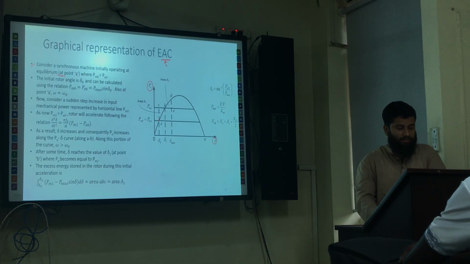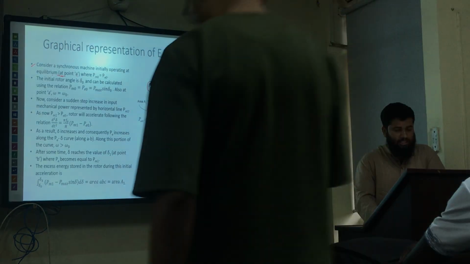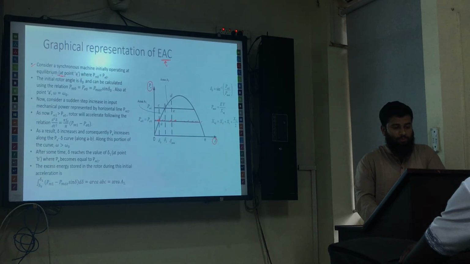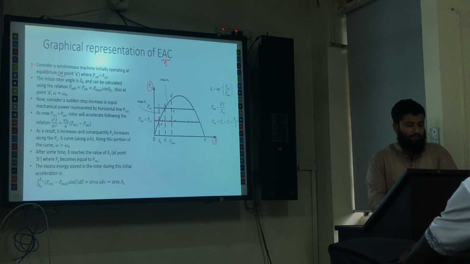So at this point, what is the Pm0? This horizontal straight line is our Pm0. And how will we find the Pe0? We have to look for the intersection between this line and this power curve, right? Then we will get this point, point A. So at this point, our Pm and Pe both are equal. Both are the same.